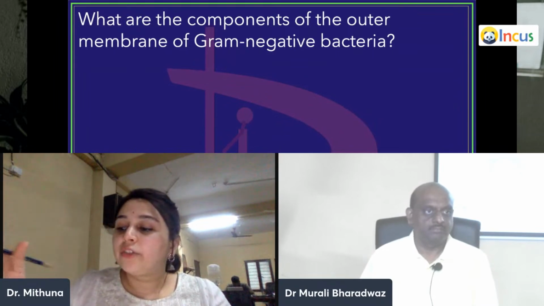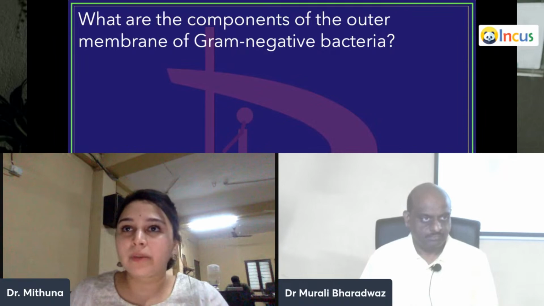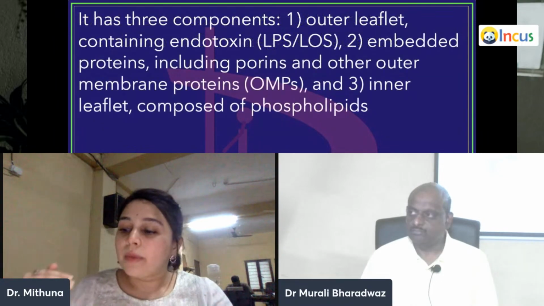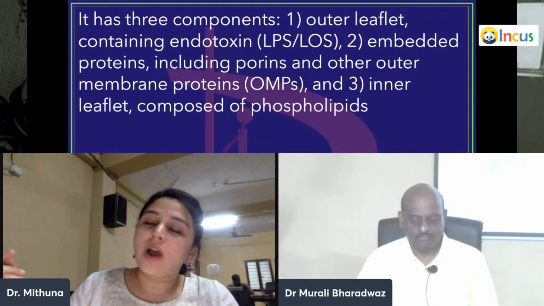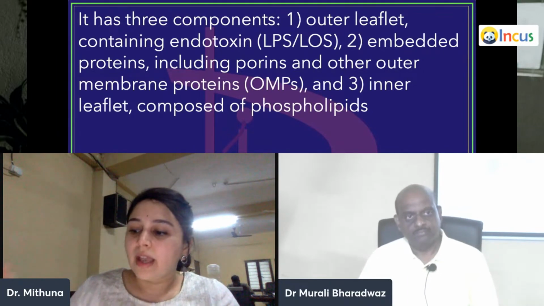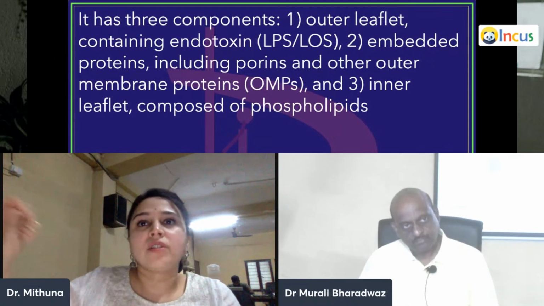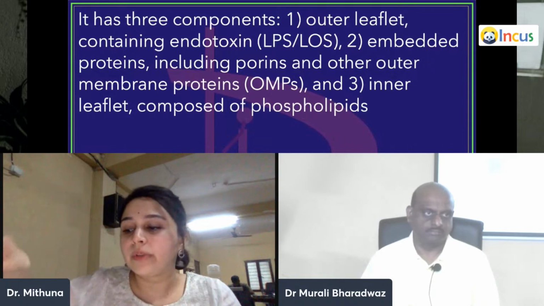So in gram-negative, the innermost is the plasma membrane, the cytoplasmic membrane, and then above it you have a periplasmic space, and then you have a peptidoglycan layer, again you have a periplasmic space, and then the outermost membrane is called the outer membrane, which has outer membrane proteins like porins, and all those are available in outer membranes.